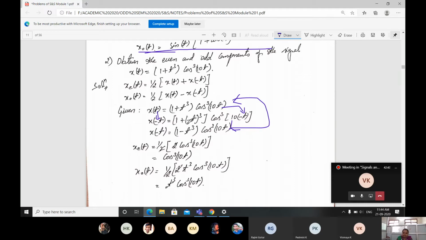If I add here, you can expand this 1 into cos cube 10t, then t cube cos cube 10t. If you add, you will get 2 cos raised to 3 of 10t. Then the 2s cancel and you will get cos cube of 10t. Okay, this is the addition operation. I hope you will do this.